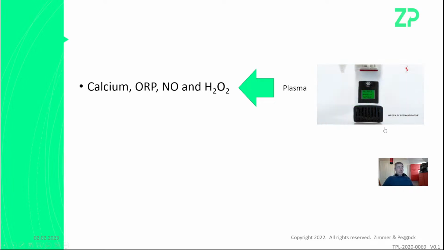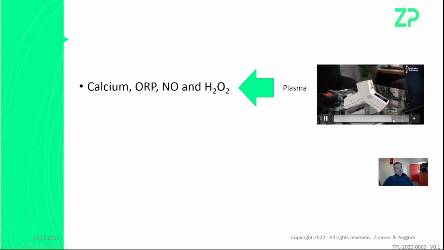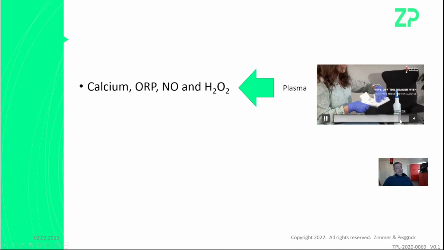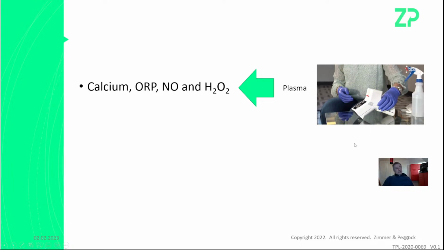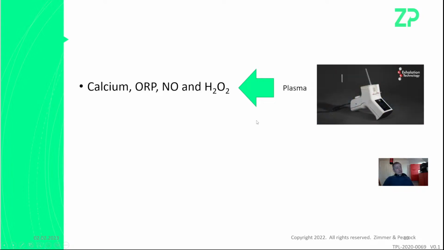That product is on the medical market, and people can use it for the detection of COPD. As a side note, we're detecting hydrogen peroxide in that case as a biomarker for COPD, chronic obstructive pulmonary disease.